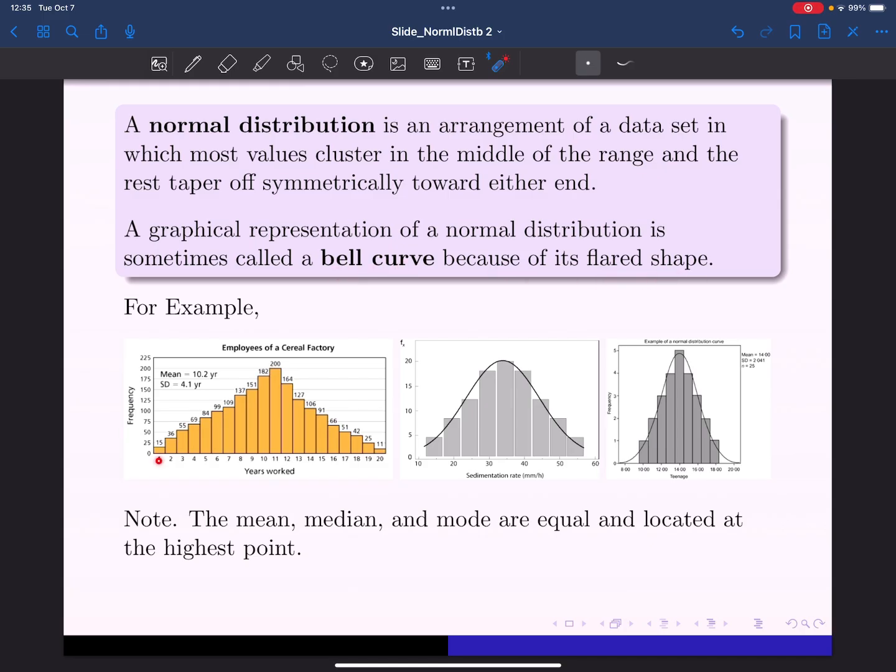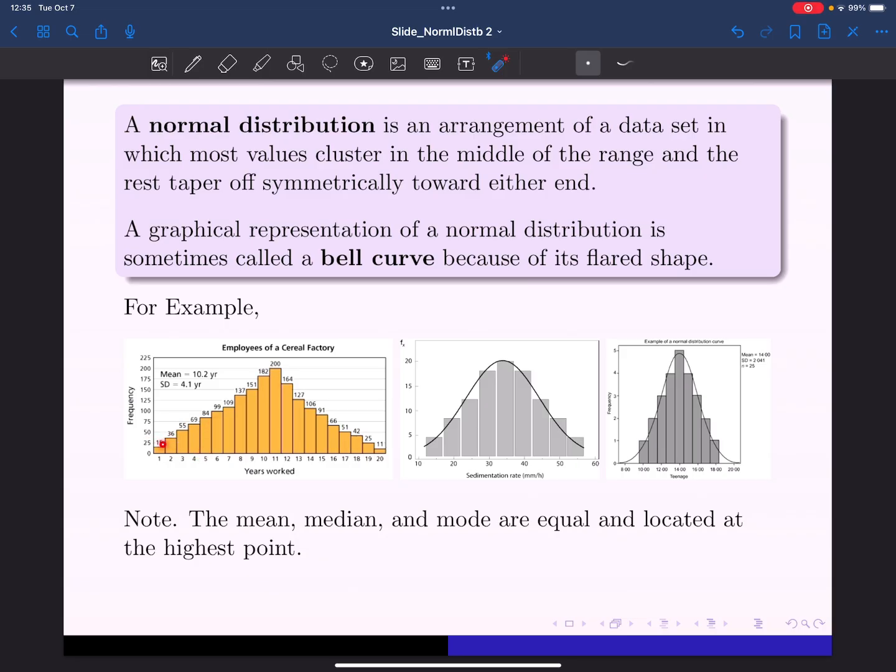So if we look at this example, here is the frequency, here is the number of years a worker works. So here are employees of the cereal factory. So how many years do workers work? At 1 year we have 15 people, then at 2 years we have 36 people, and so on.